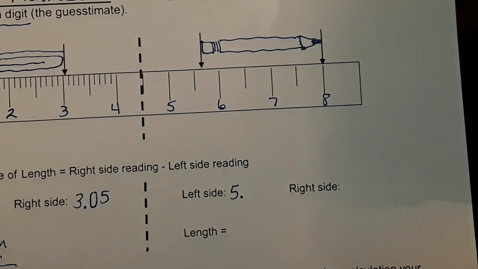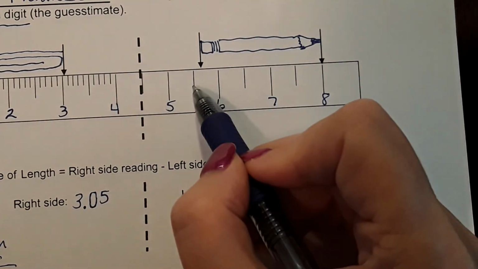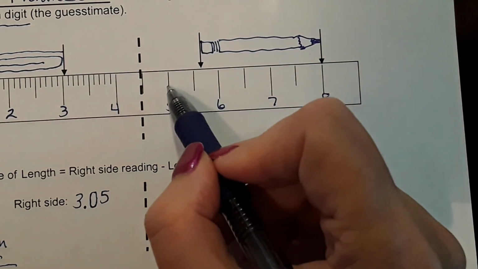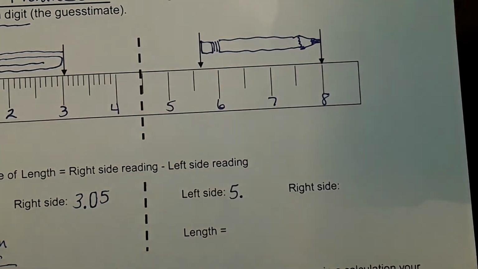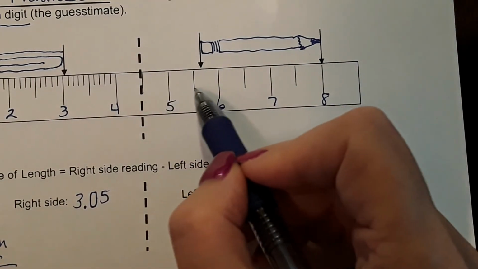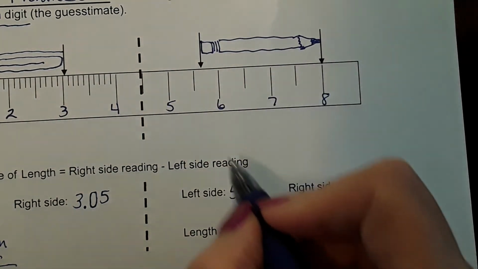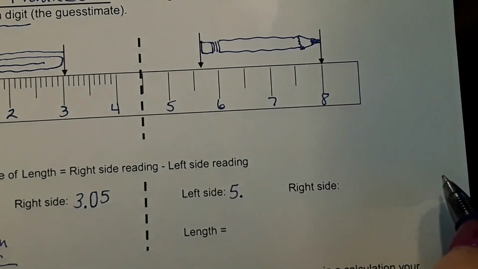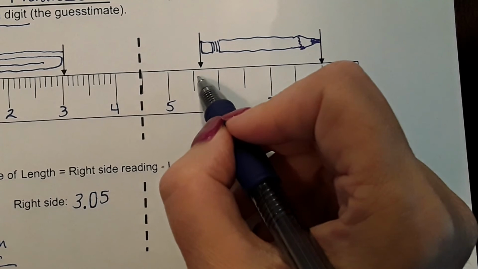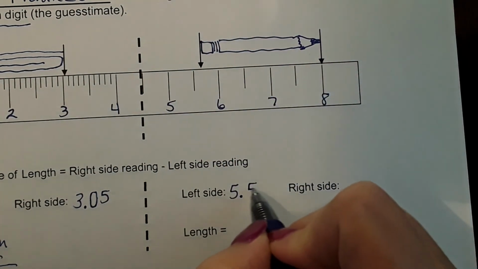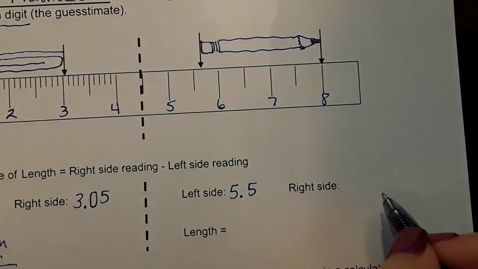Now we need our fractions. Okay, now look here. We can go 5.5. Oh, look, 5.5. And then we can guess how much further. Let's see, how many whole millimeters do we have for certain? 5. Okay?